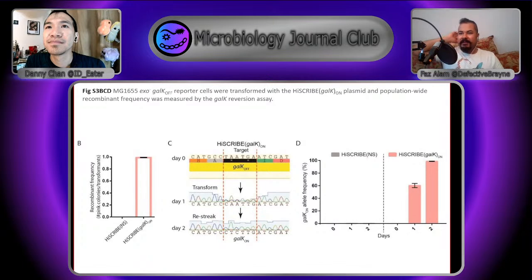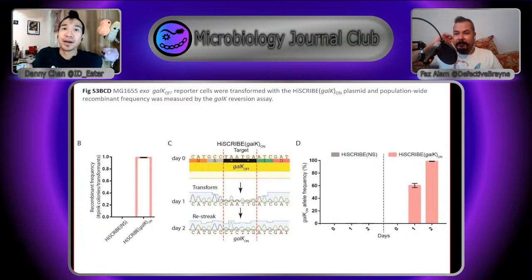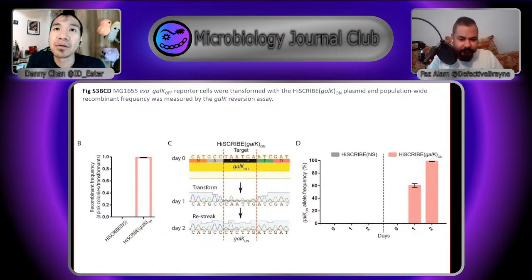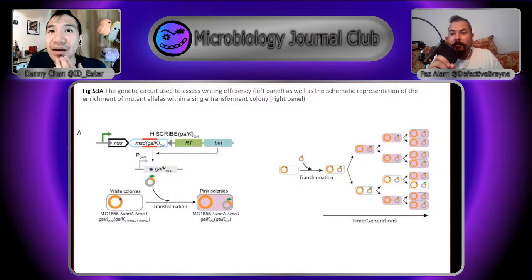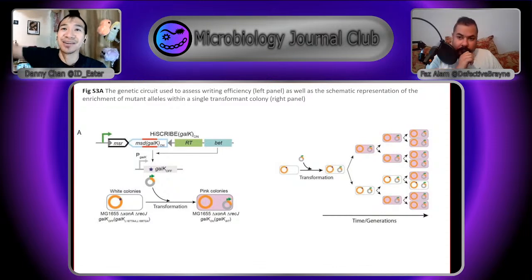What did they do? This is a different background. So they were using galactose K, I think. I want to see what cell background they were using. They were using delta exo delta recJ, right?